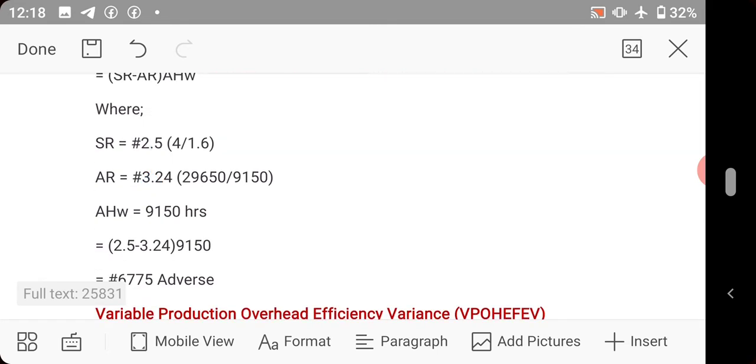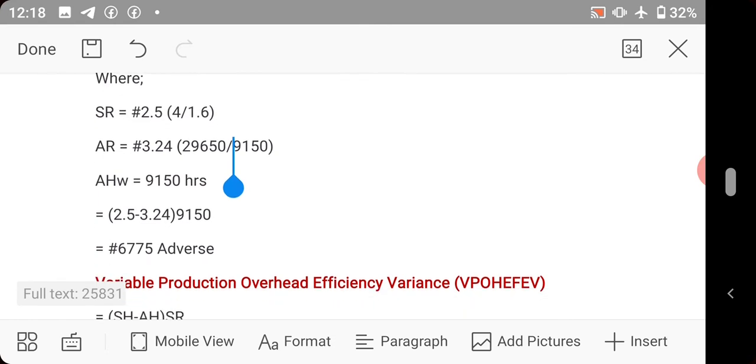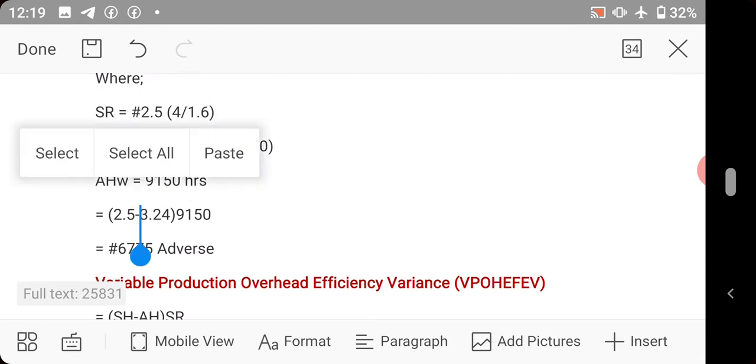Then actual rate is 3.24, which was gotten by dividing this correctly. You can see that in the question when you look at it. So we now have actual hour worked, which is 9,150. Substituting the formula, you have 6,775, and they are adverse. Why is it adverse? Because the one in the bracket is negative, as I always say.